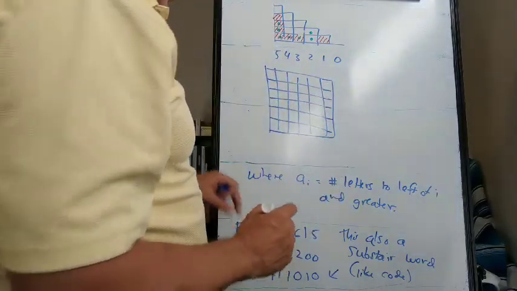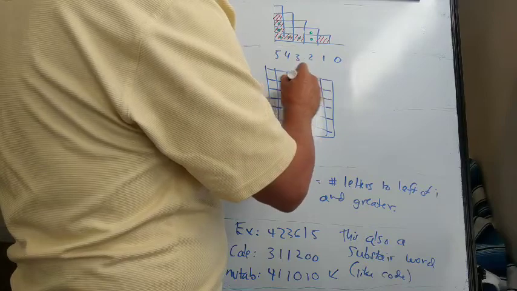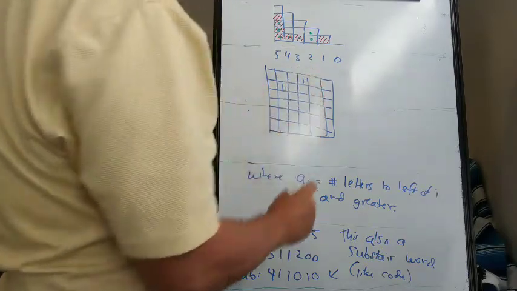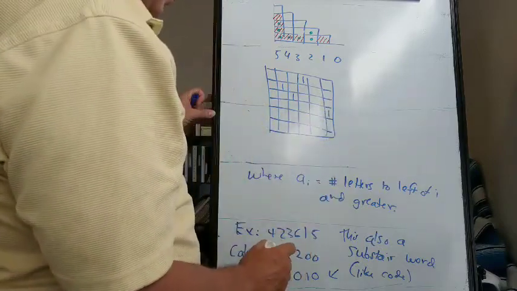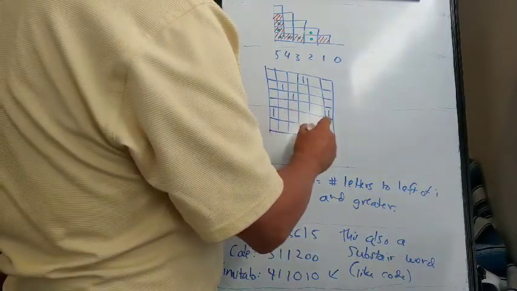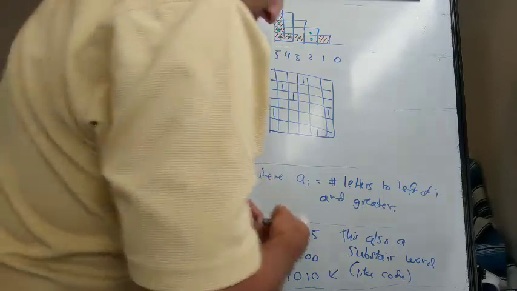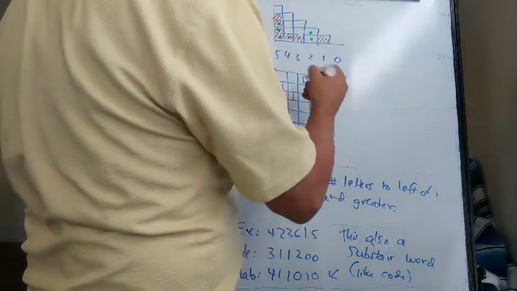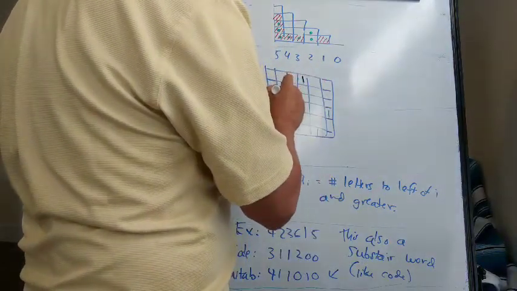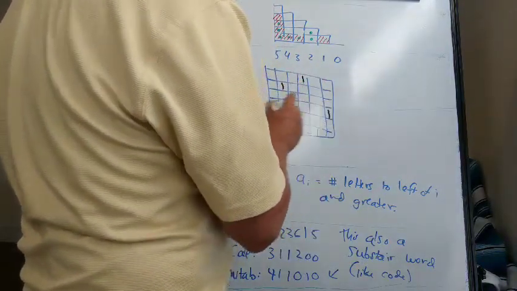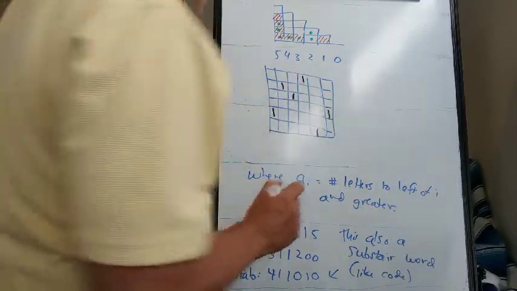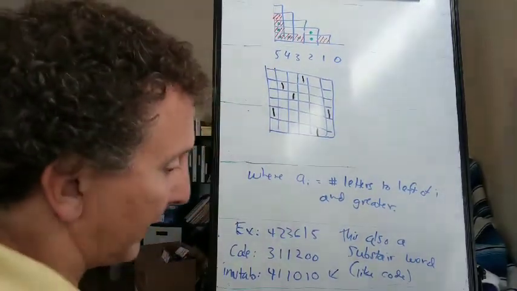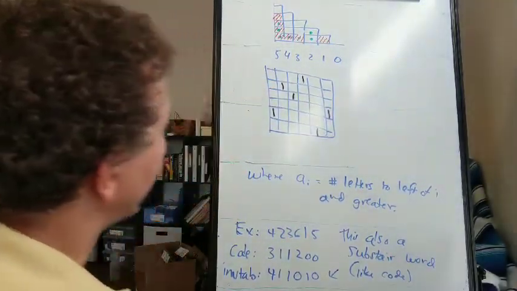Alright, then we'll write the ones in 4, 2, 3, 6, 1, 5. Maybe I'll put those in black so they're easier to see. 4, 2, 3, 6, 1, 5. Alright, so that's the permutation matrix.